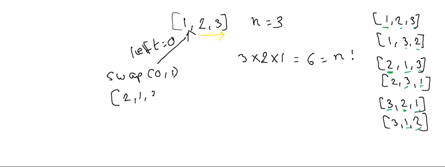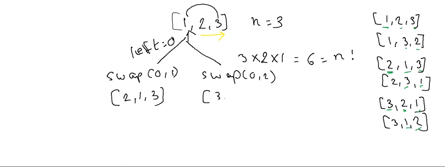So if I swap position 0 with position 1, what do I get? 2, 1 and 3. Another swap that I can do is swap position 0 with position 2. So I'm swapping these two elements, and I get 3, 2, 1. I also swap with the number itself.